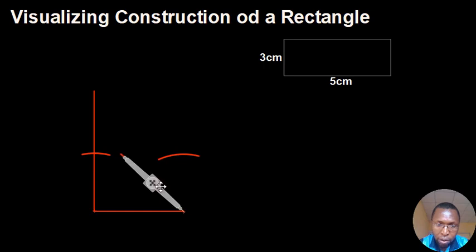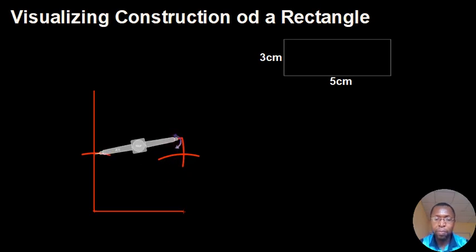So you place it at this edge and then bring it here. Bring it to this edge here. Rotate it to that point. Then you can now make an arc here. See that?